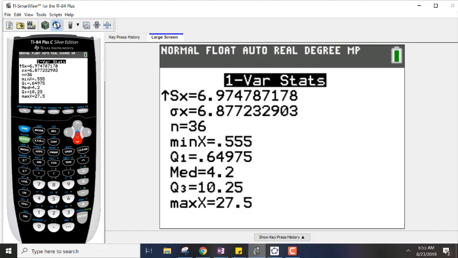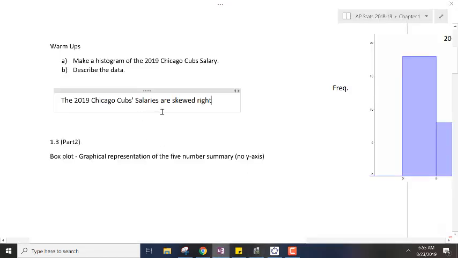So let's type this up. Our skewed right with a center of median at, where did we say our median was? At 4.2. Or let's put this into context. Get this down here.